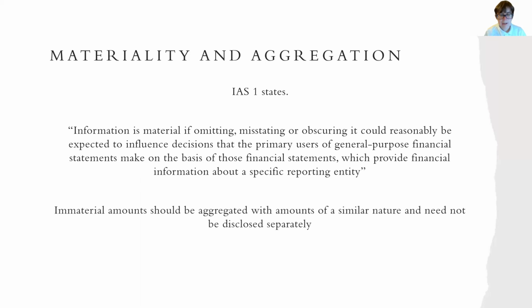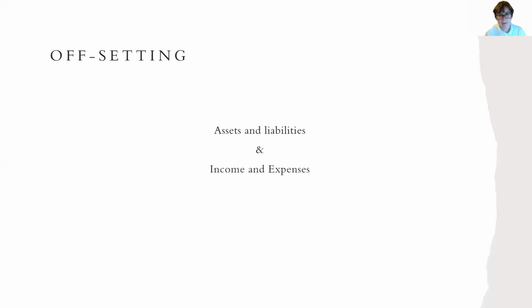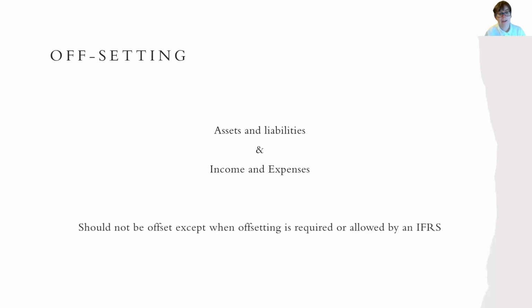Remember, immaterial amounts should be aggregated with amounts of a similar nature and need not be disclosed separately. Offsetting then. So assets and liabilities and income and expenses. At no time should these be offset, except when offsetting is required or allowed by an IFRS.